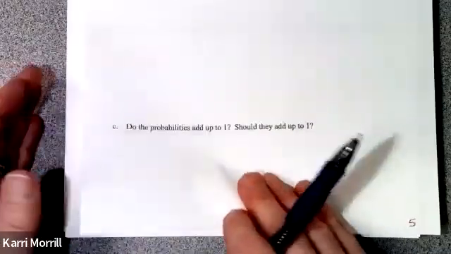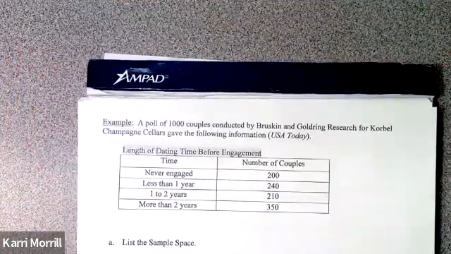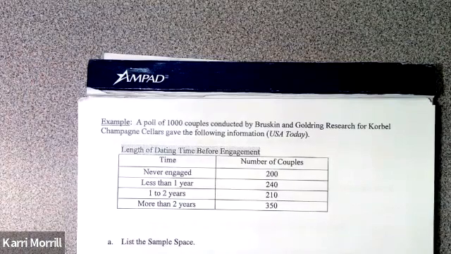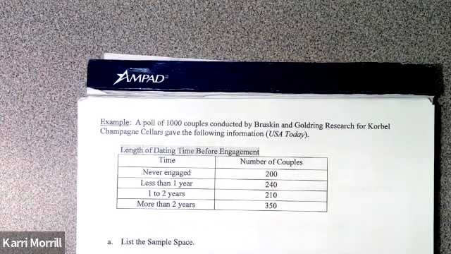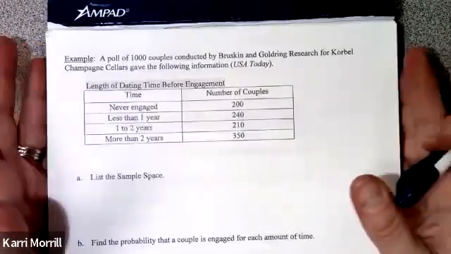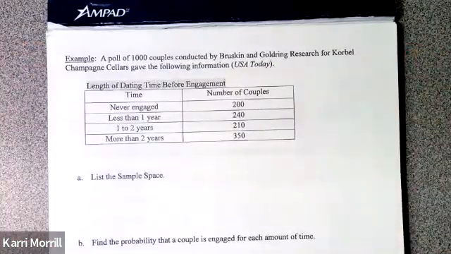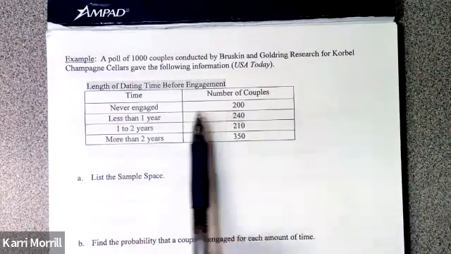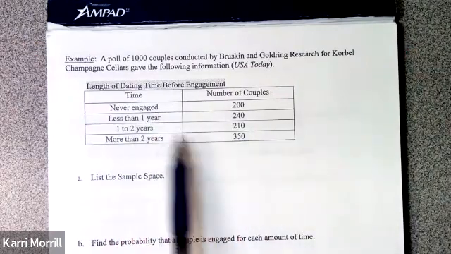Last page of 4.1. A poll of 1,000 couples conducted by Bruskin and Goldring Research for Korbel Champagne Cellars gave the following information, and I could have botched all of those names. So if I did, my apologies right up front. So they're saying the length of dating time before engagement is maybe 200 couples never got engaged.